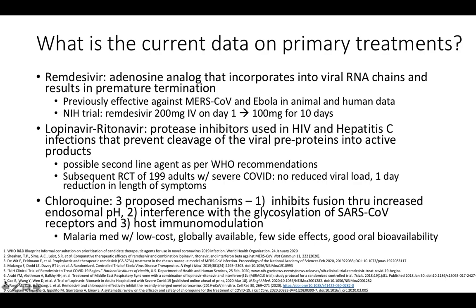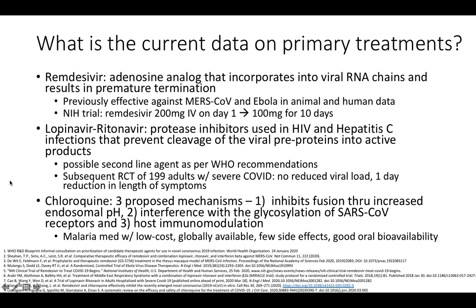The link is below in number 7. It showed that in 199 adults with severe COVID infection, this medication did not reduce viral load and only reduced length of symptoms by 1 day. So preliminary data is leaning towards lack of efficacy, but we need stronger evidence moving forward.